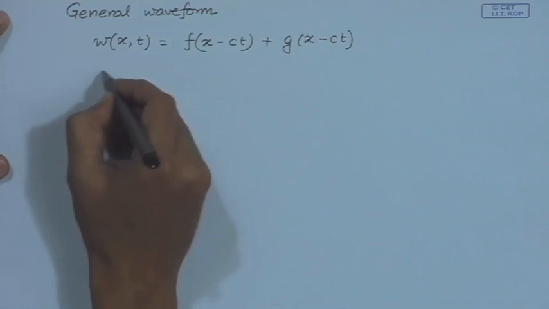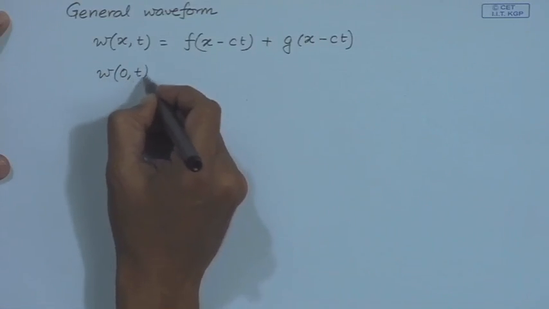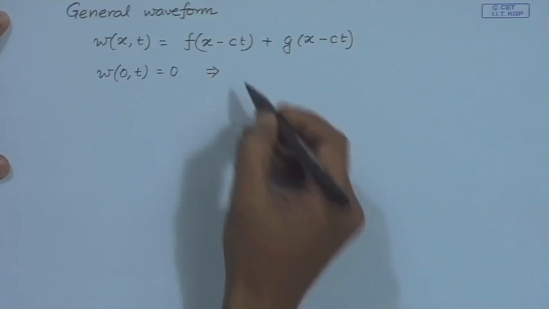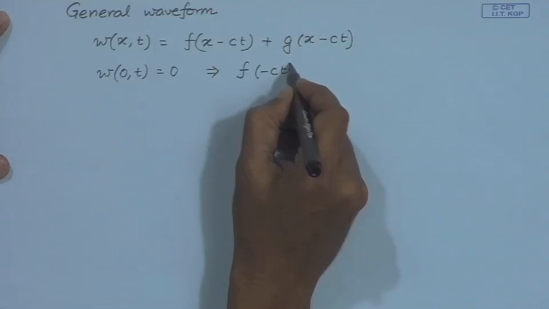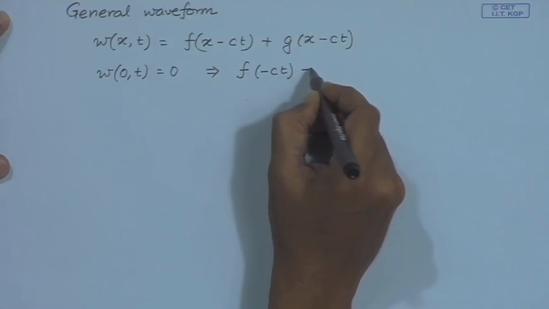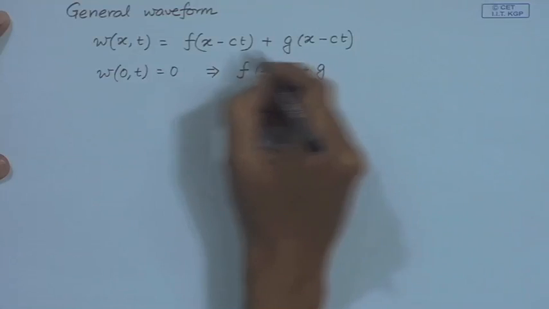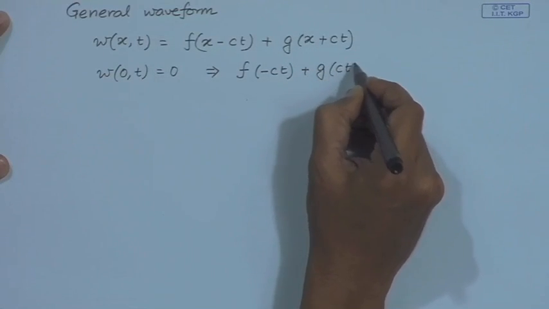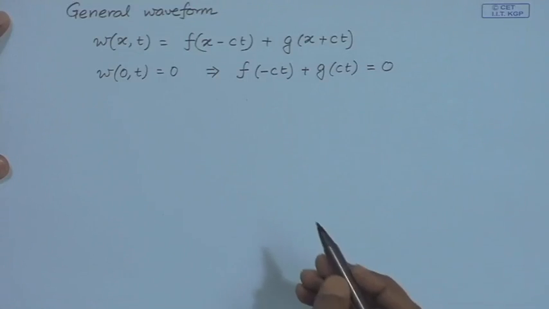Now, the boundary condition again is, and that implies, so this must be 0.